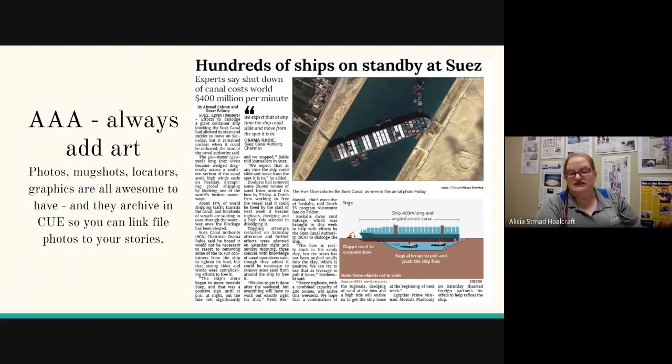It will take literally seconds. You don't have to actually search for a new photo, but you can link something. So if you're talking about a local person, you can search for a file photo of your mayor, of this city park, of this intersection where the construction is happening, whatever it is, that's all available to you.